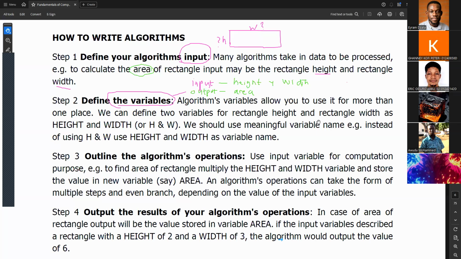Naming of variables is one of the topics we will talk about extensively when we look at the basic elements in programming. So instead of using H and W, you can use height and width as the variable names, because not everyone will understand what the H and the W mean in your program or in your algorithm.